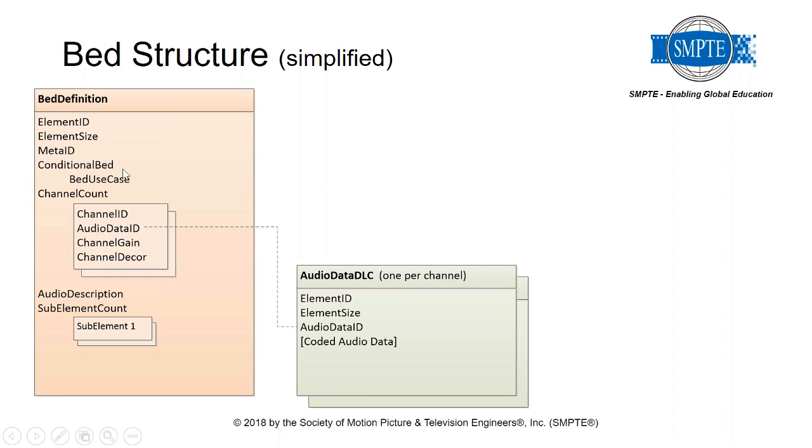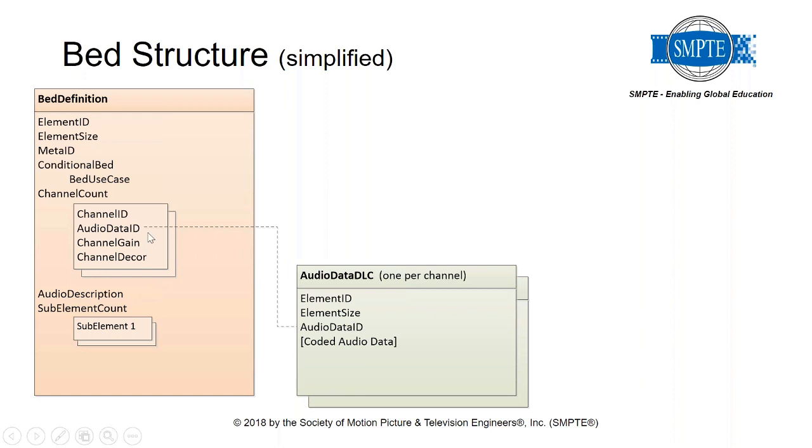There's a conditional bed parameter, which identifies the element as being conditional or not. We'll talk about that more later. A use case, which is associated with the condition. The channel count, which I'll discuss now, basically tells you how many channels are in this particular bed element.